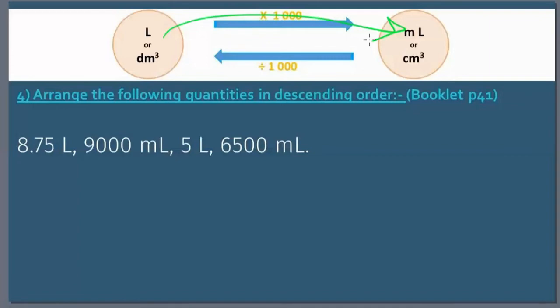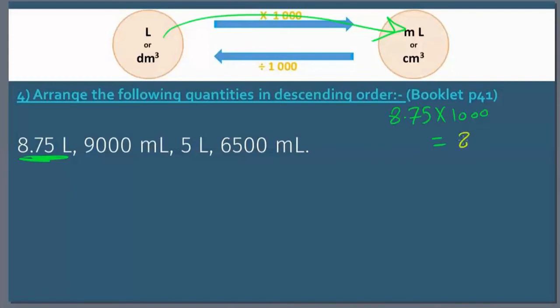So I have 8.75 liter. When I multiply 8.75 by 1,000, I will move the decimal point 3 digits.